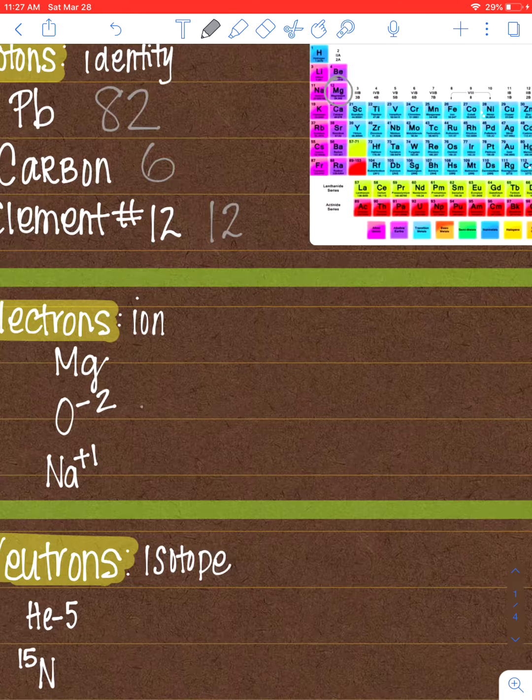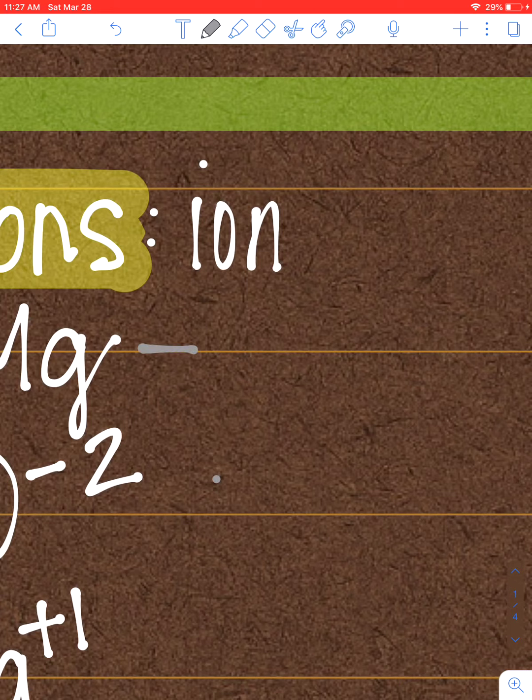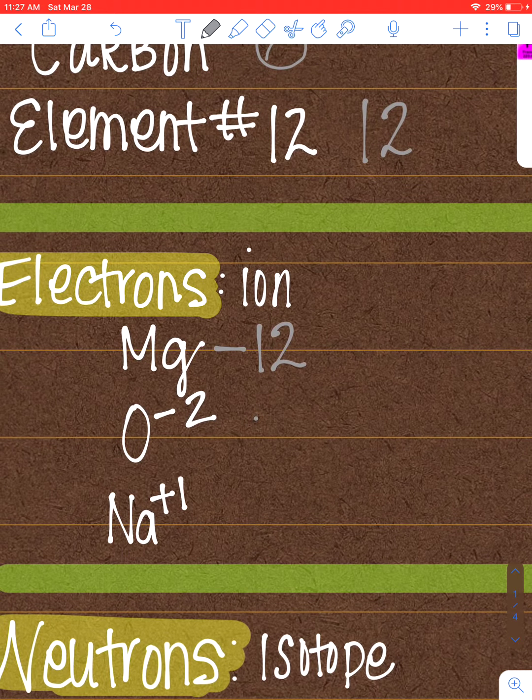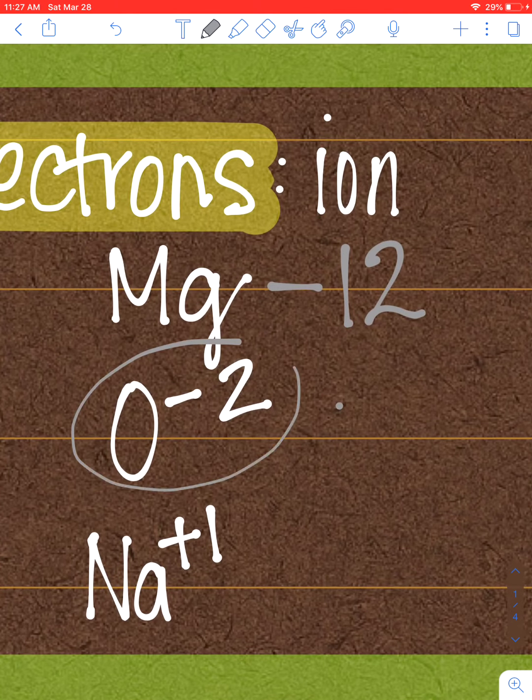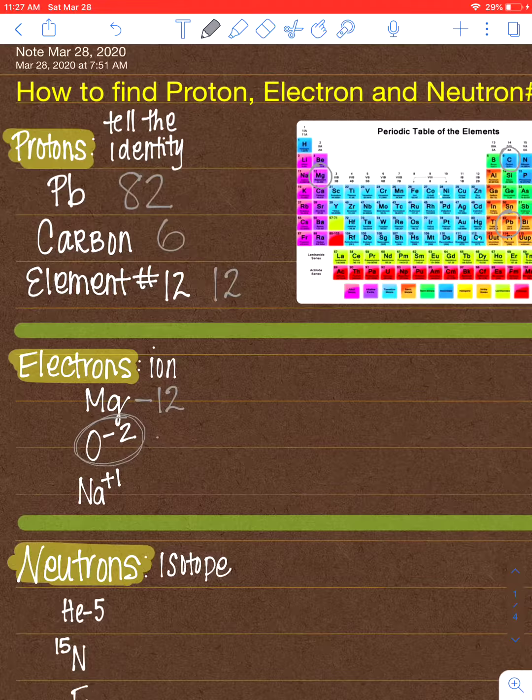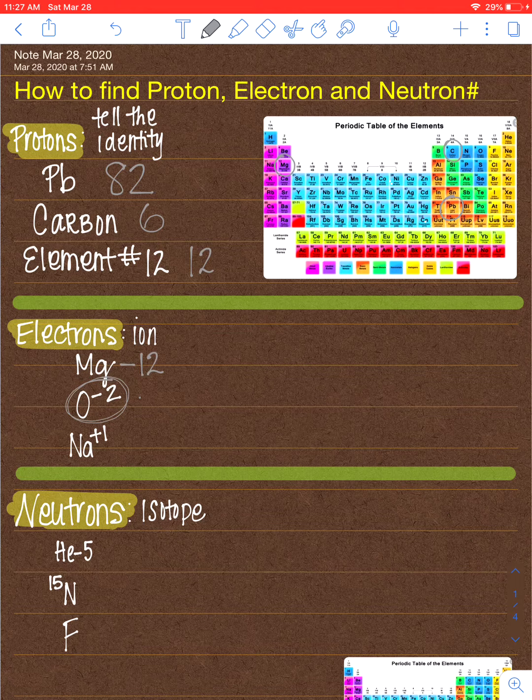So that's to tell you that a standard atom on the periodic table that has not lost or gained electrons has an electron number that is the same as its atomic number. So that's easy to remember. Now let's take a look at some of these examples. So here we have an oxygen, and the big clue is the -2 in the upper right-hand corner. What that's telling us is that atom gained 2 electrons.